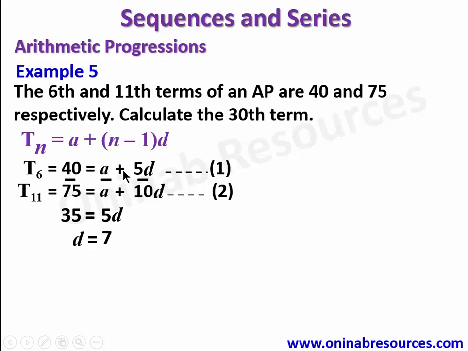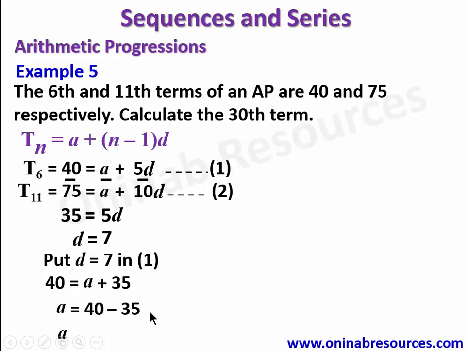We can now find the value of A, the first term, from any of the equations. So we put D equal to 7 in equation 1, so that we have 40 equals A plus 35, since 5 times 7 gives 35, so that A is equal to 40 minus 35, and that gives us A equal to 5.